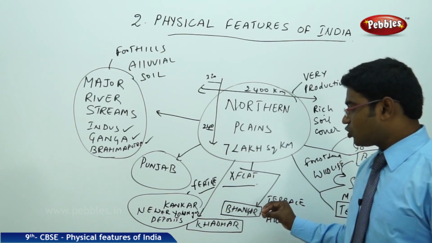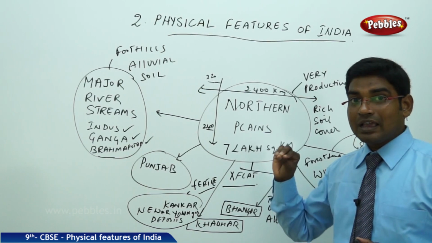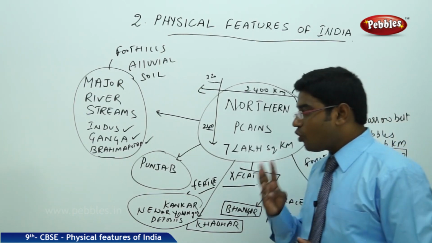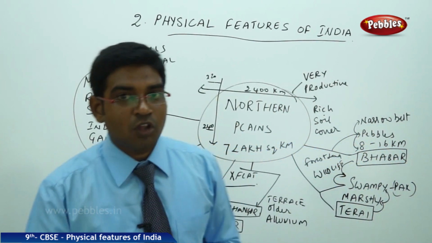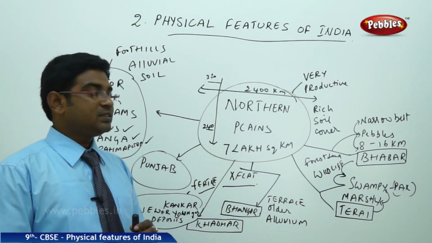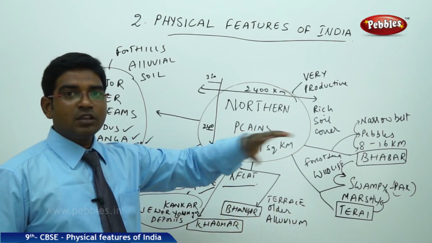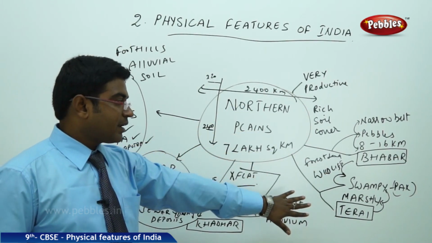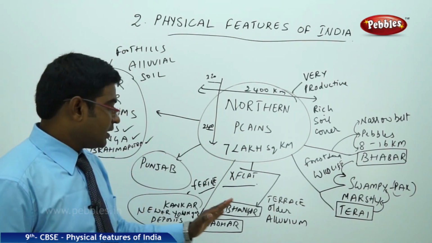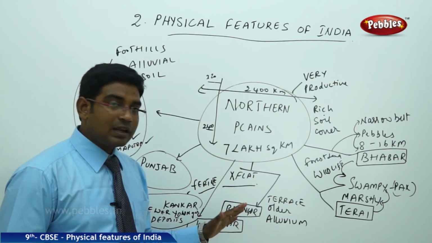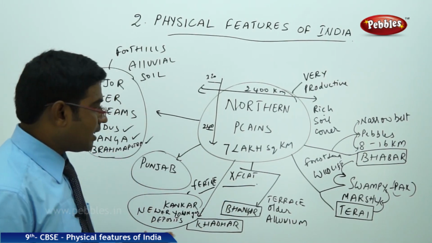So this region is called Khadar or Kankar region. So we have four major landforms here, and the fertility of the land also varies. Babar, you don't have any fertile land. Terai is good, fertile. Bangar and Khadar both are good and fertile land.